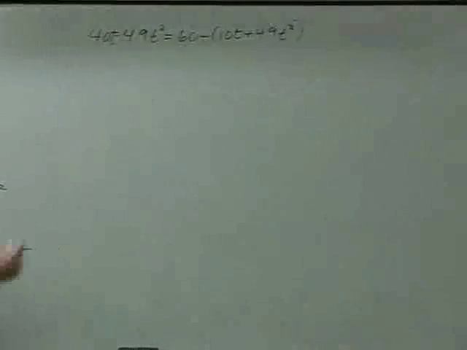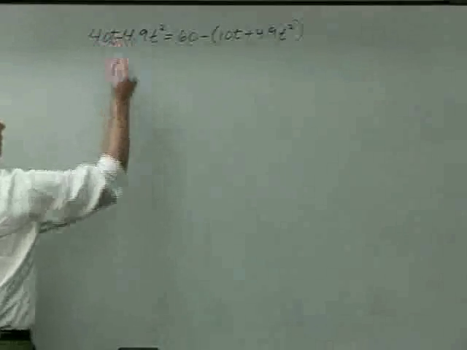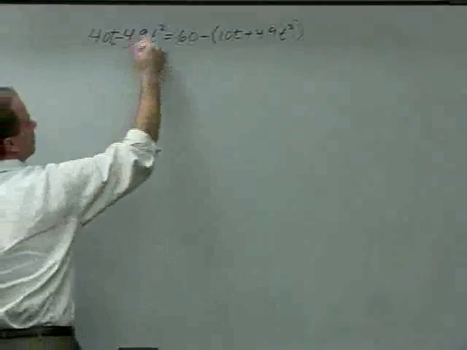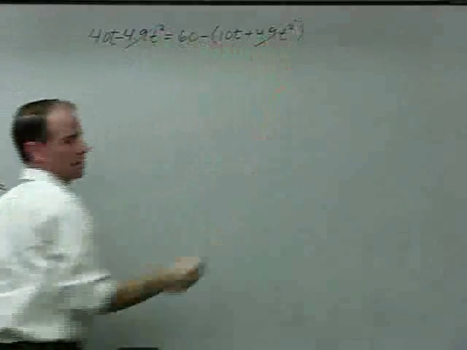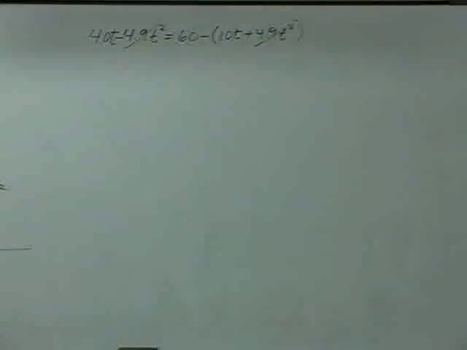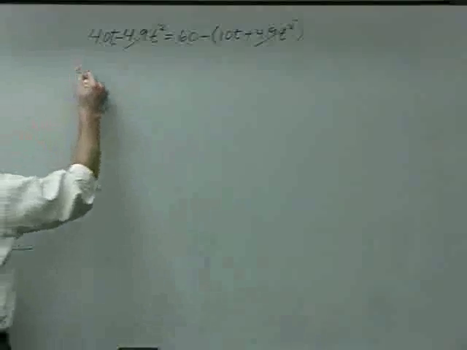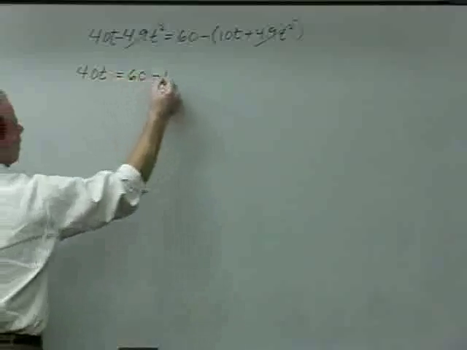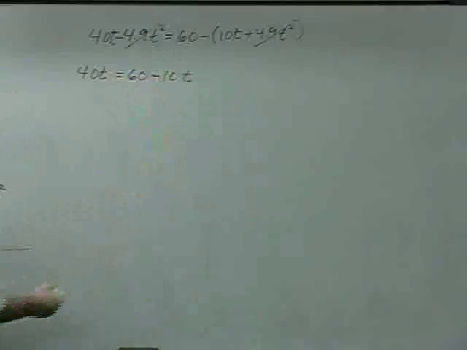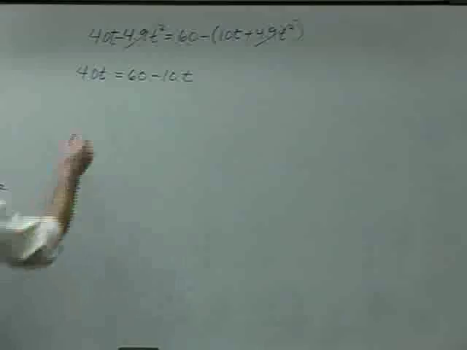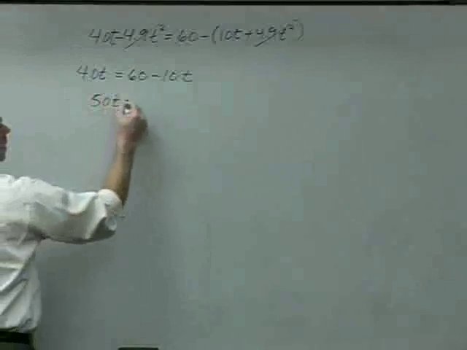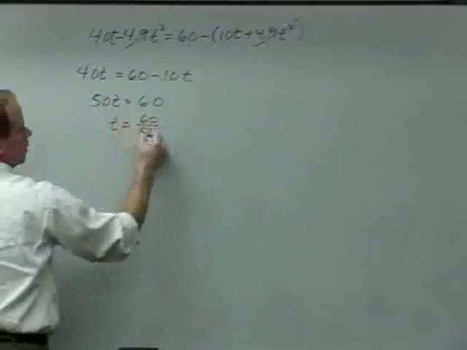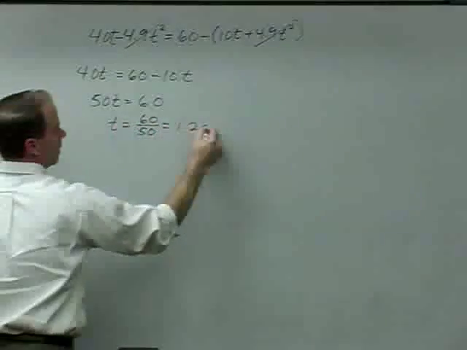All right, so what do we got? We have a minus 4.9 t squared on both sides, so that's going to be gone. 40t equals 60 minus 10t. 50t equals 60. t equals 60 divided by 50. 1.2.